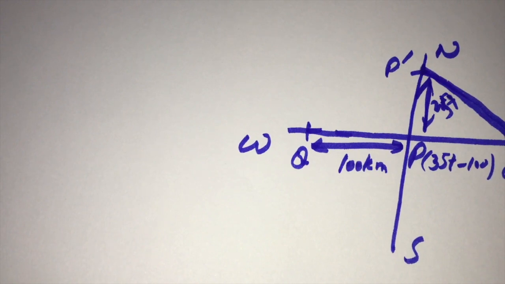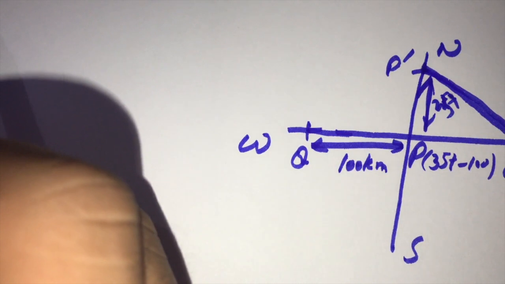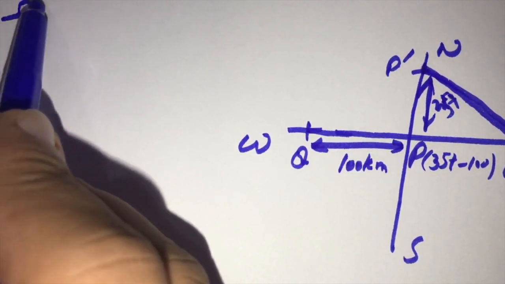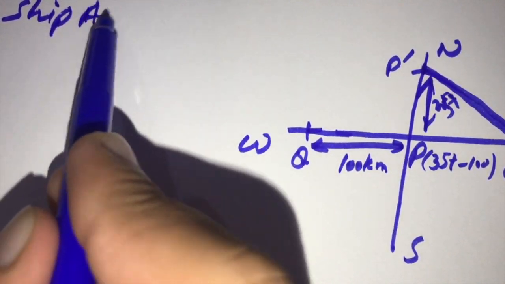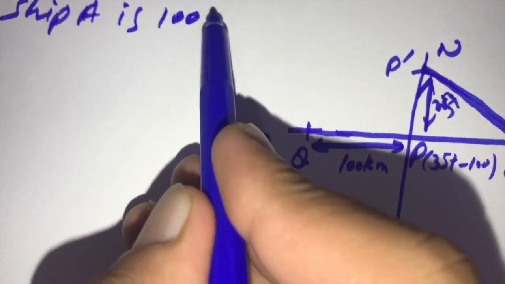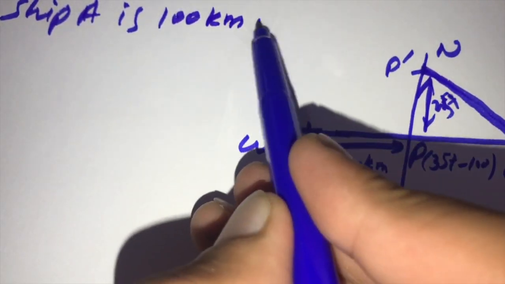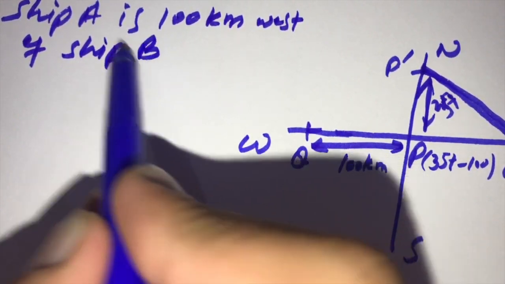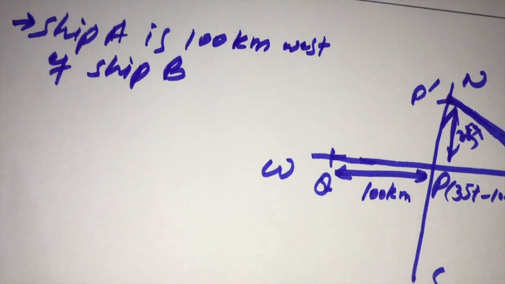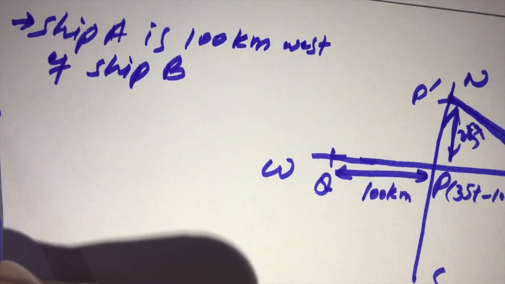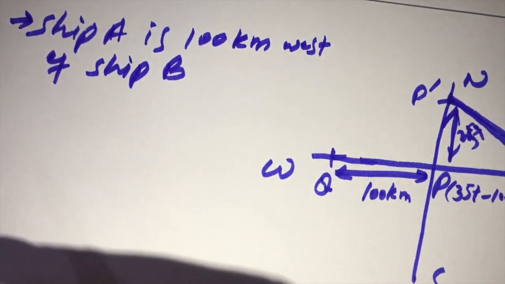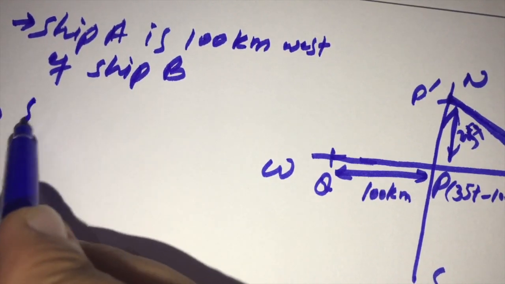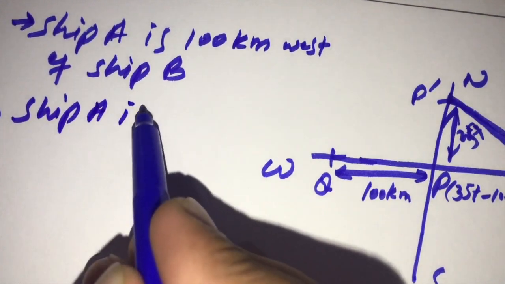At noon, ship A is 100 kilometers west of ship B. This is our first point. We also know that ship A is sailing toward the east at 35 kilometers per hour.